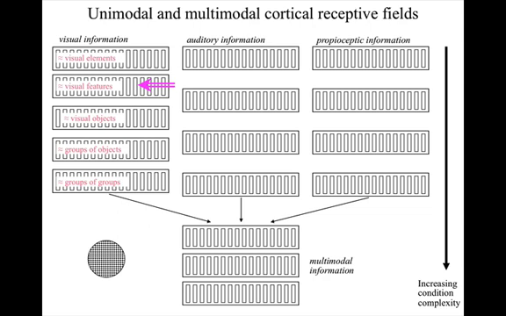More complex receptive fields can discriminate between different visual features. An example from visual area V4 is shown. Yet more complex areas discriminate between different types of visual object, groups of objects, groups of groups, and so forth. And some of these could actually be polymodal fields, but for the moment I'll just think of them as visual.